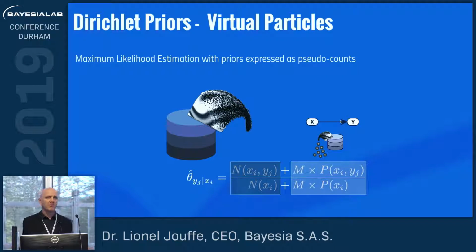Remember that the Bayesian network is a generative model. So you can use particles for learning your model, but you can use your model for generating particles, right? So it's kind of convenient. Here, I'm using a Bayesian network that represents my prior for generating virtual particles that I'm mixing with those that I have in my data set.